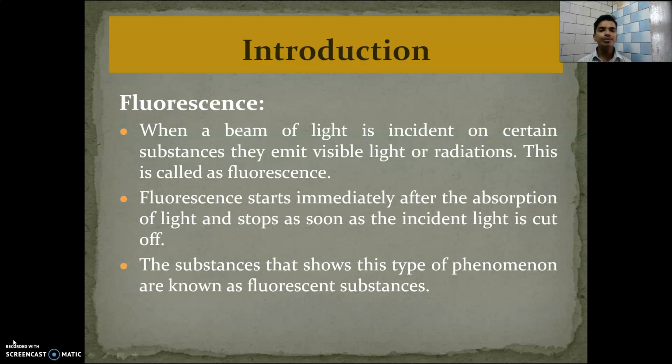So it is an immediate process: the incident light falls on a certain substance, it emits visible light, and stops immediately after the incident light is cut off. The substance that shows this phenomenon is known as a fluorescent substance.